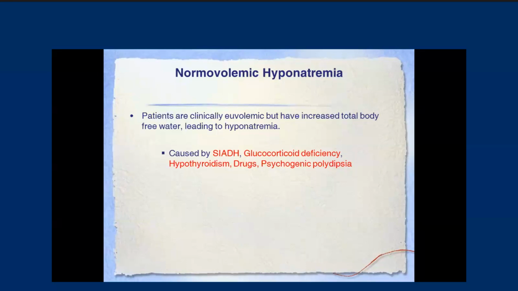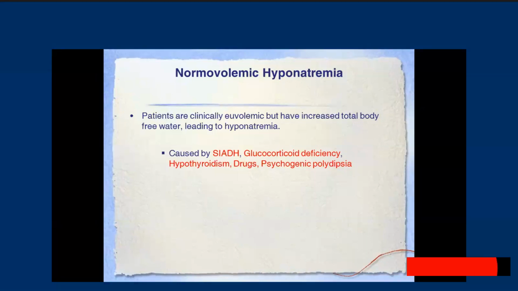So the deficiency of glucocorticoids will result in unopposed release of ADH from the pituitary, which will result in increased total body free water. Other causes include hypothyroidism and patients with psychogenic polydipsia.